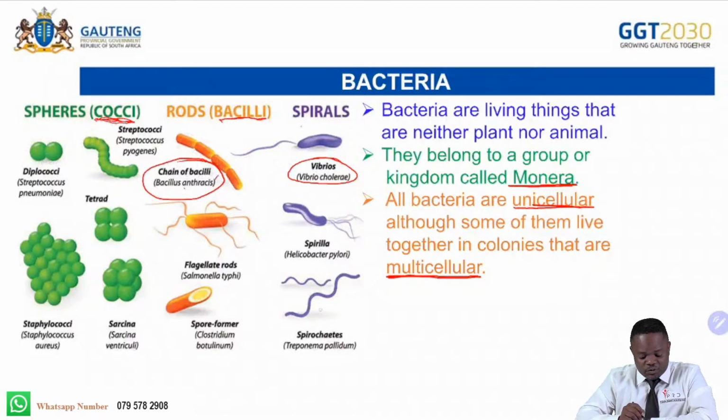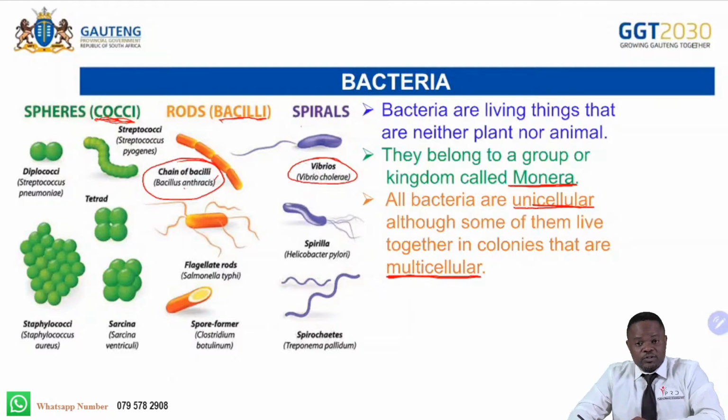And then we have those which are spiral, which have different names. All right, you will learn about this later on when you do your life sciences. These are actually interesting things. So we know that our bacteria are unicellular. That is what we need to know for now.